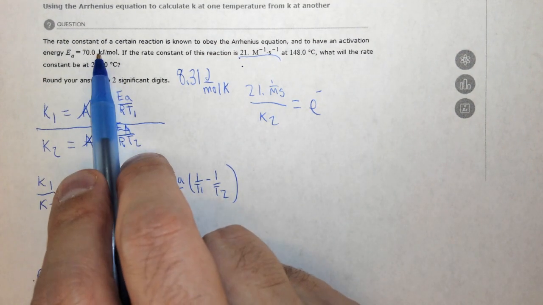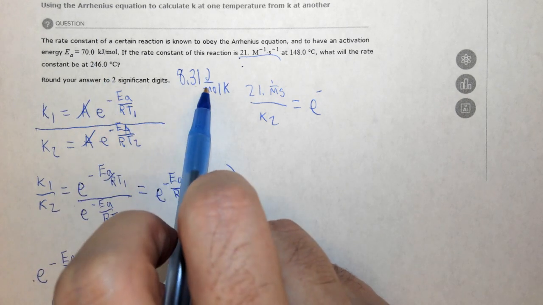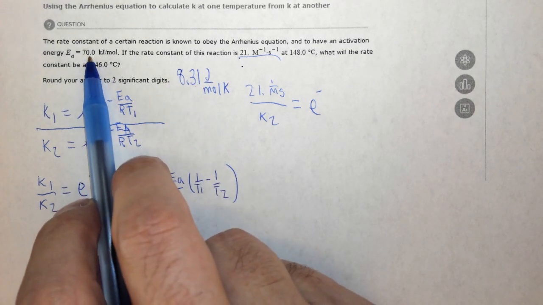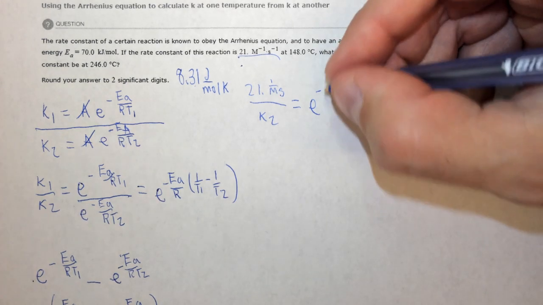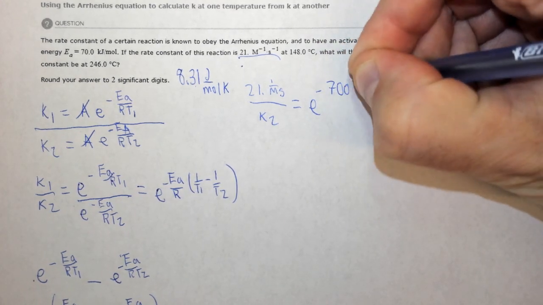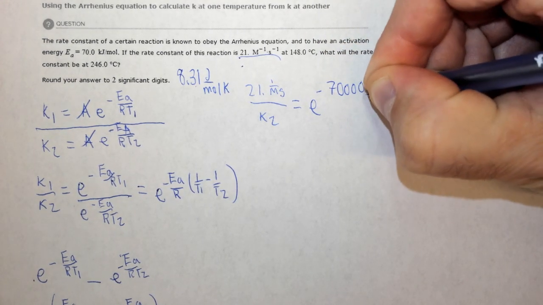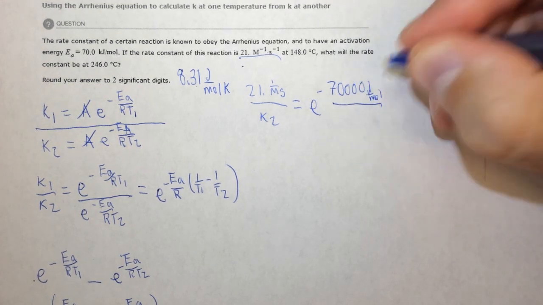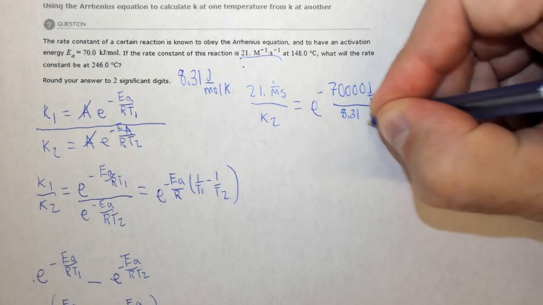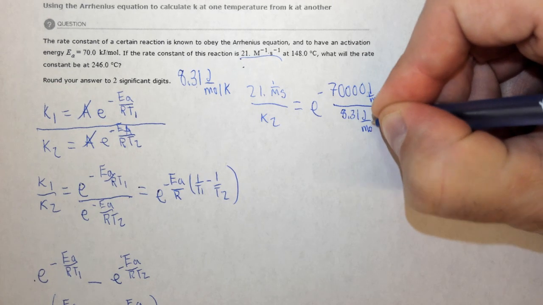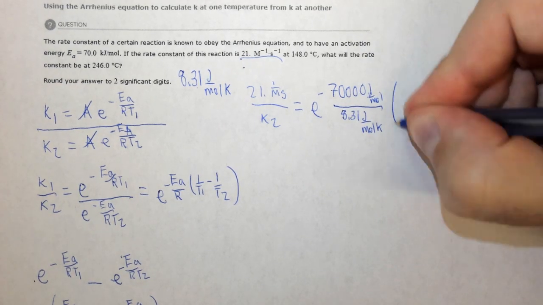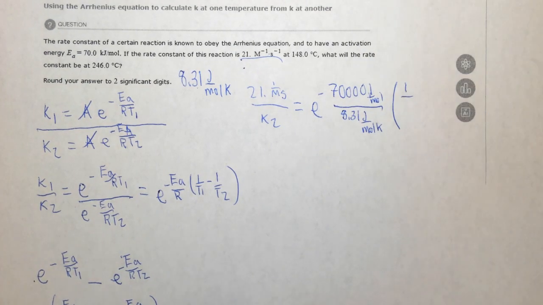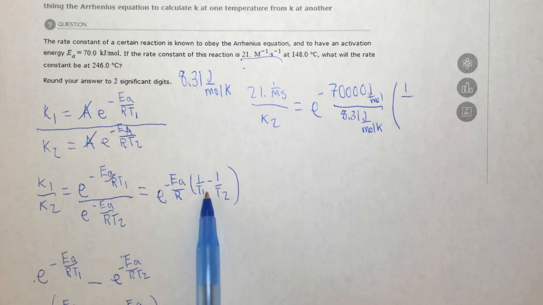So we do need to convert this to joules, or you could convert this to kilojoules, it doesn't really matter. But I'm going to convert this one to joules, and I'm going to put it in as 70,000 joules per mole divided by 8.31 joules per mole K times 1 over T1.